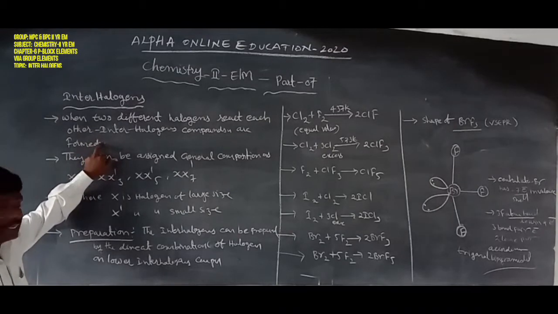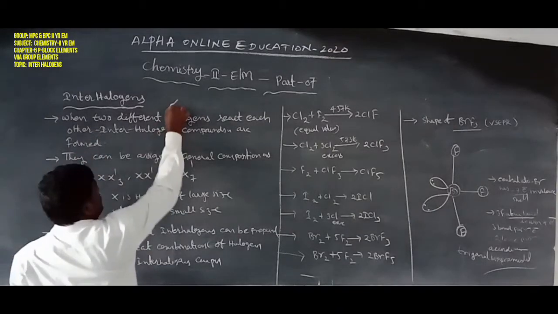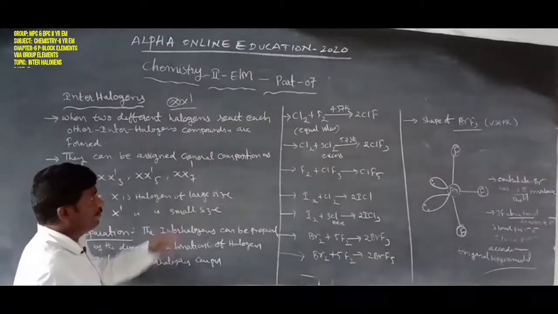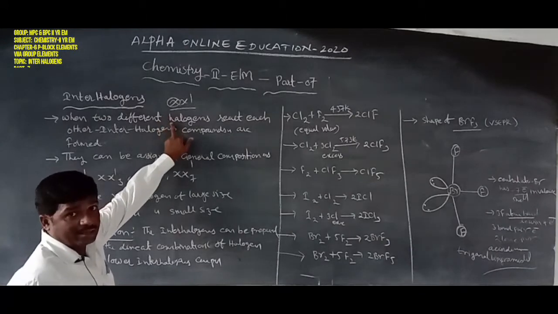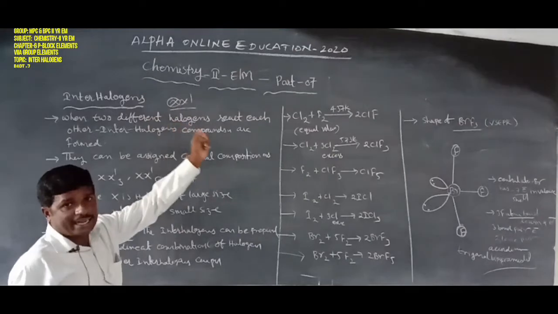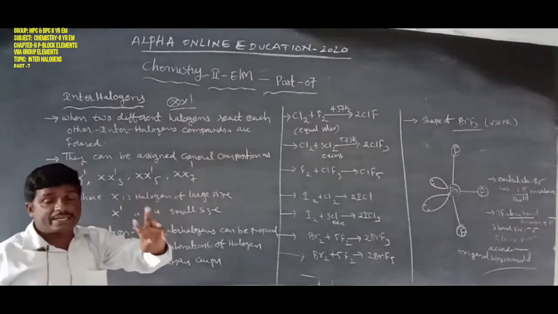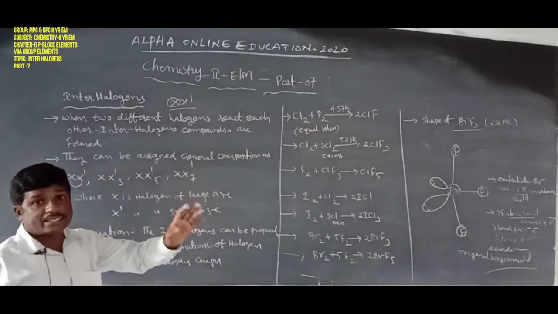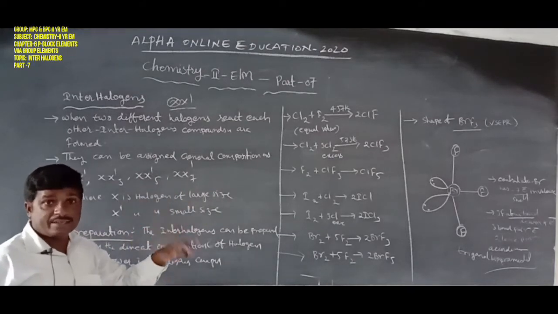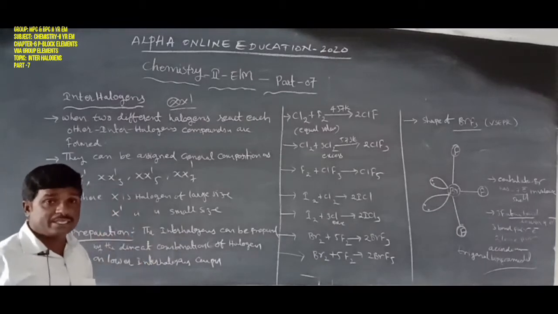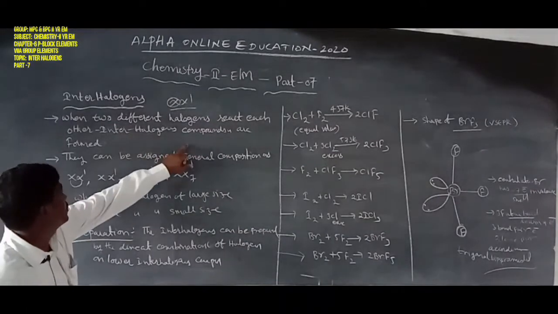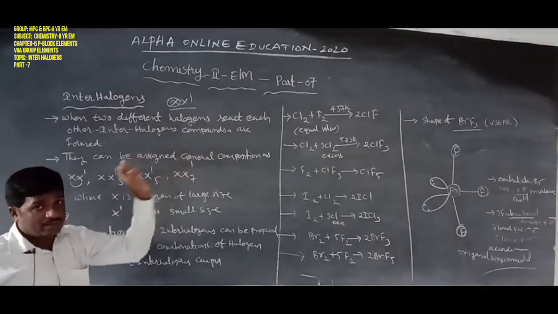That is also known as XX dash. Here X is a halogen combining or reacting with another halogen atom to form an interhalogen compound. When two different halogens react or combine with each other, interhalogen compounds are formed.